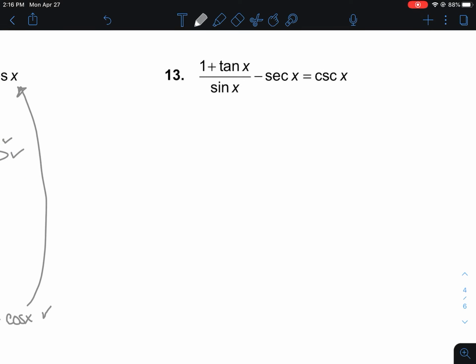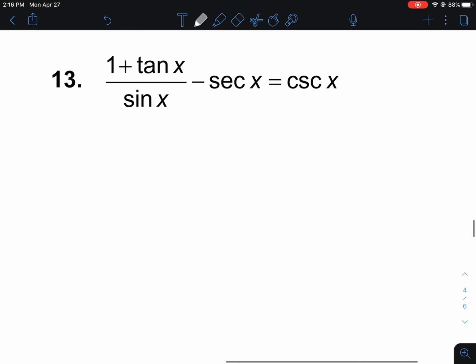All right, and finally here, we have 1 plus tangent x over sine x minus secant x, and we want it to equal cosecant x. Okay, so there's a few different ways you can try this.